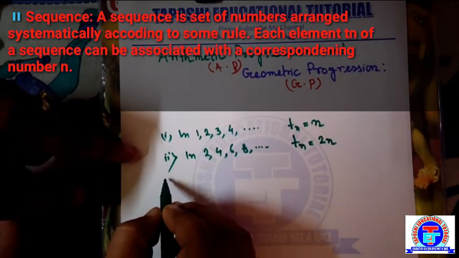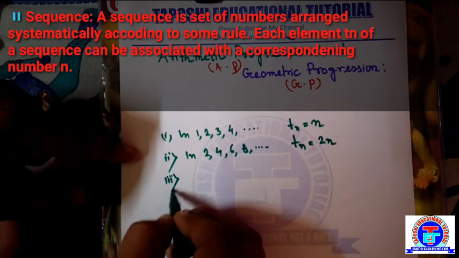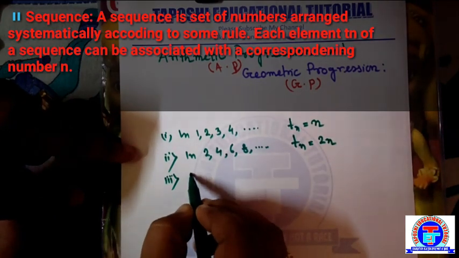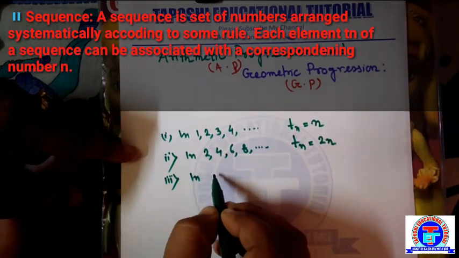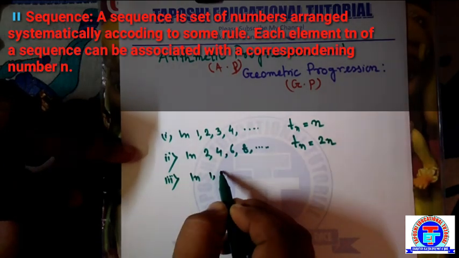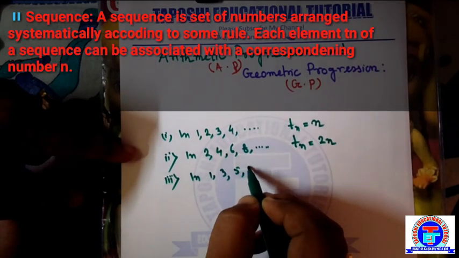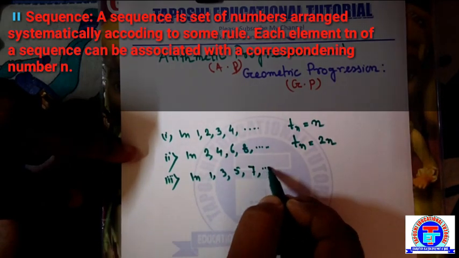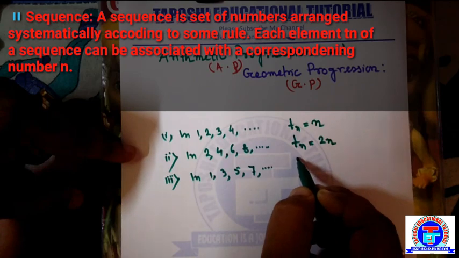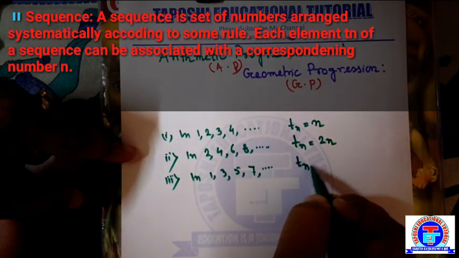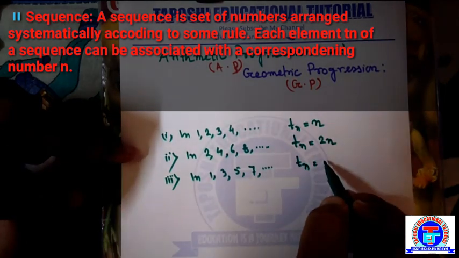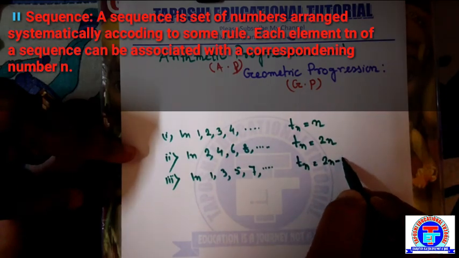Number 3: in 1, 3, 5, 7, and so on, t suffix n is equal to 2n minus 1.